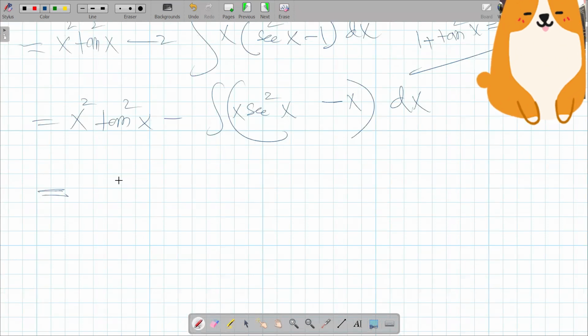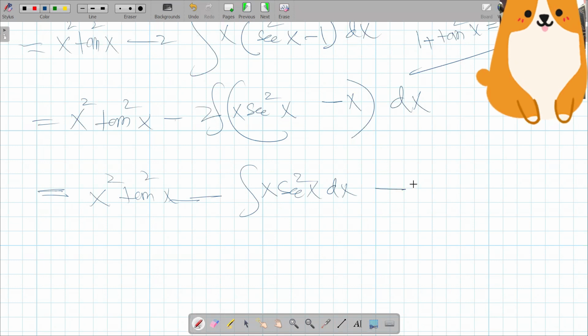Yeah, that makes sense. x squared tan squared x minus. We have two integrals. Separate them: x sec squared x, and minus 2 was here, so 2 will be multiplied with the negative sign. It will become plus 2 and x, right?